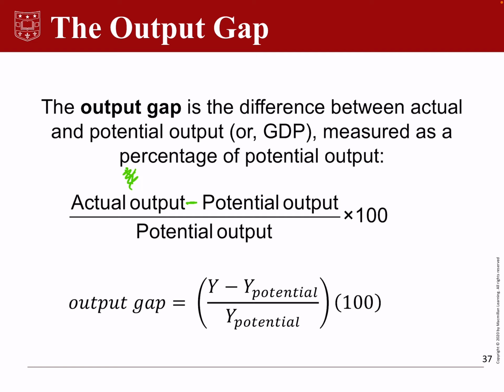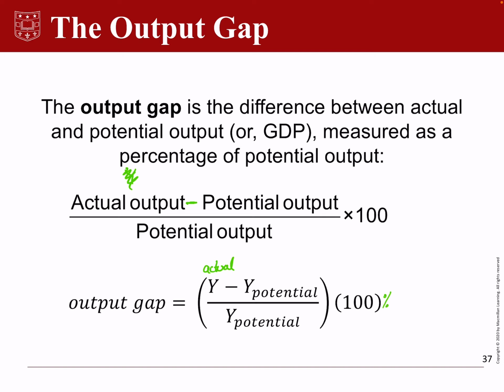Actual gross domestic product is what we're denoting with the Y. Potential gross domestic product is this one, and we express this difference as a fraction of potential gross domestic product, and we multiply by 100 to express this as a percentage, so to get an output gap in percentage terms.